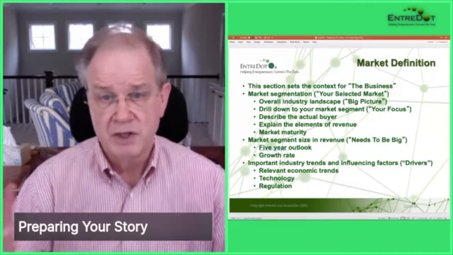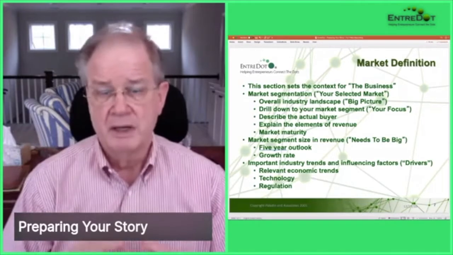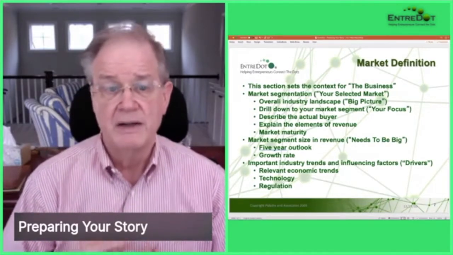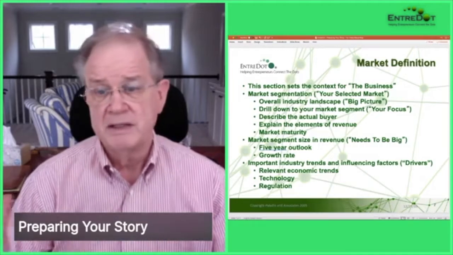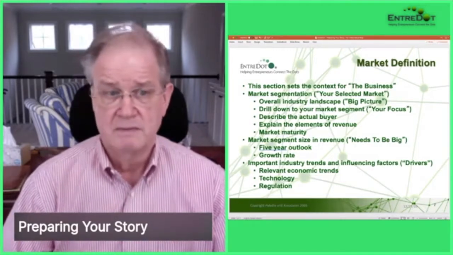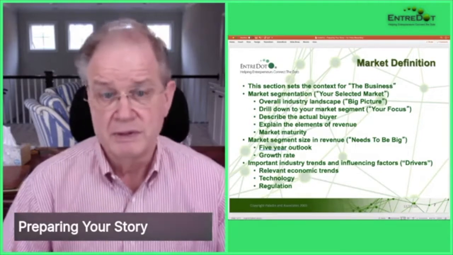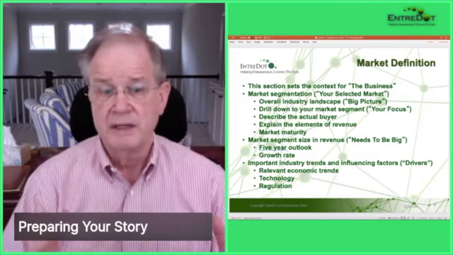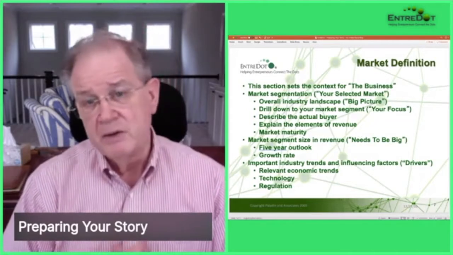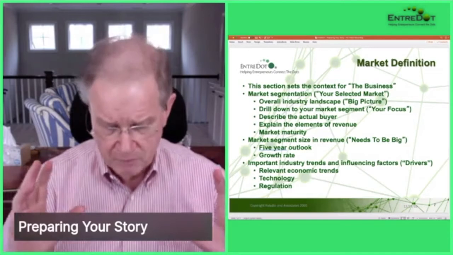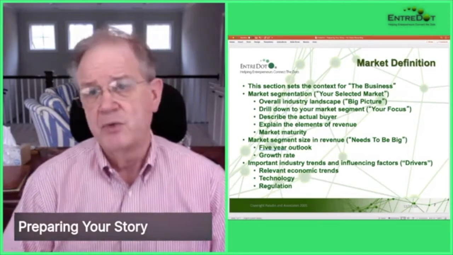So hopefully it's large and growing. You're not going to convince a lot of people that you're in a market that's flat or on the downturn. And you want to take this out for 3 to 5 years. So you do kind of the outlook of the market that proves it's growing and what this growth rate is. And then you close it out in your words about the main trends and influences for this market.